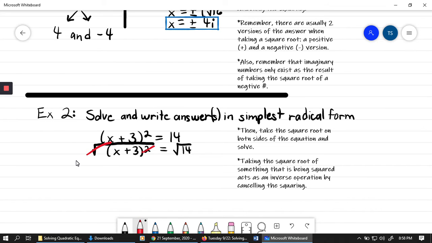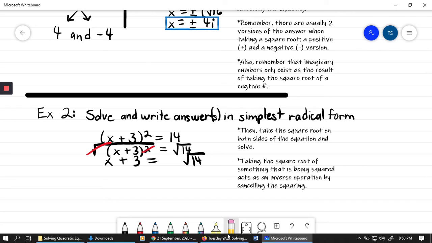Okay, so again, when we take the square root on both sides, we see that cancels out square root and a square. What we're left with is x plus 3 equals square root of 14. However, remember, guys, that when we're taking the square root like this, we've got two different versions of this answer, because both versions can make the equation true.